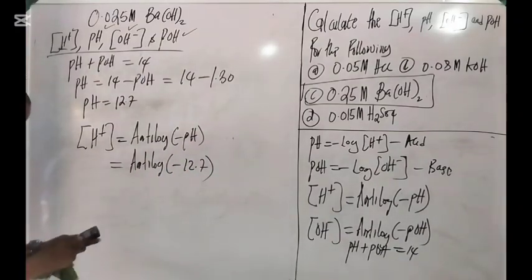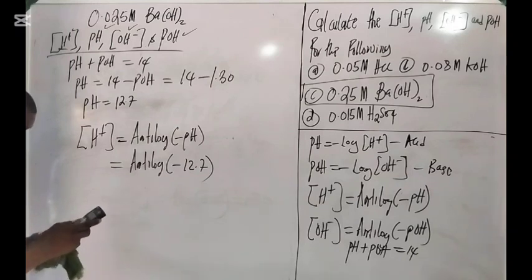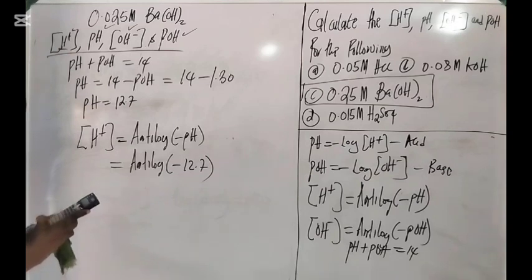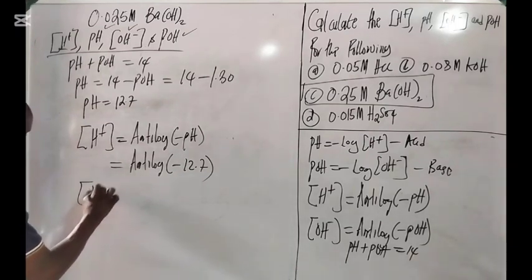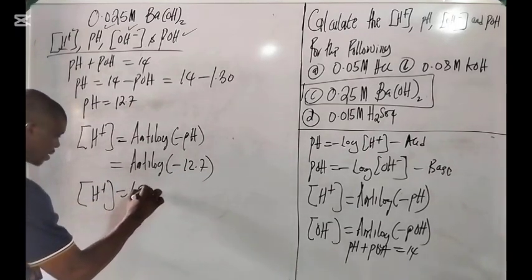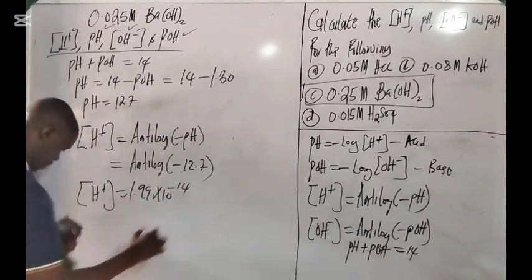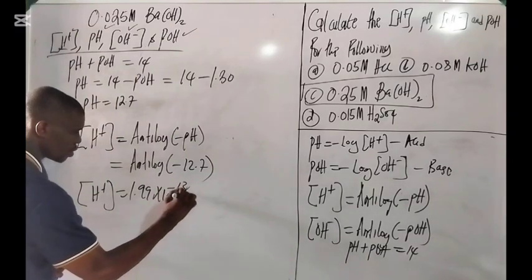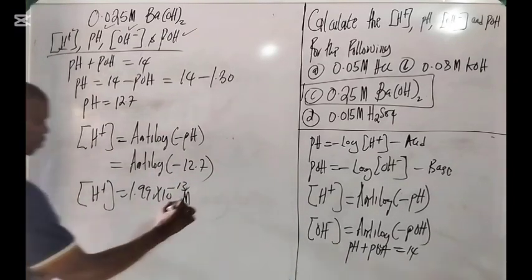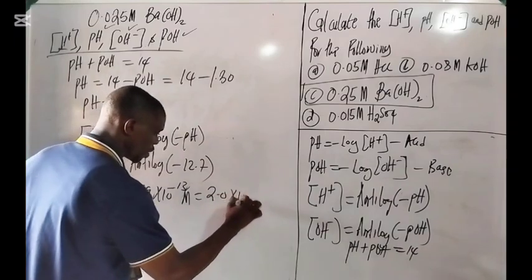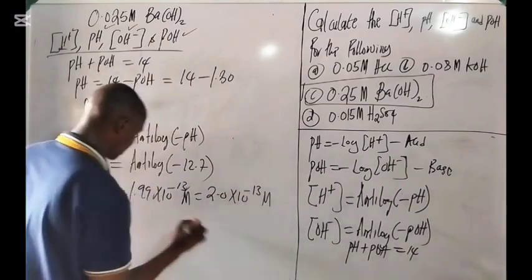What is the answer here? It's shift log minus 12.7. Here we get 1.99 exponential minus 13 molarity, which is also 2.0 exponential minus 13 molarity.